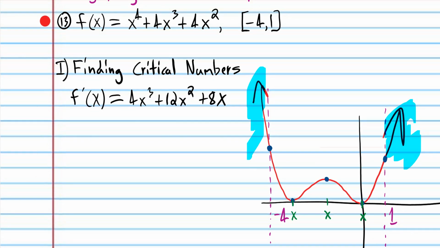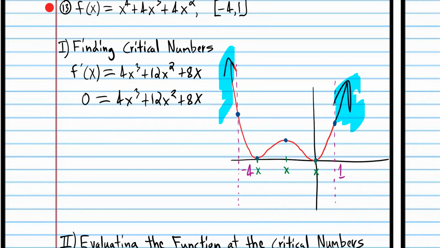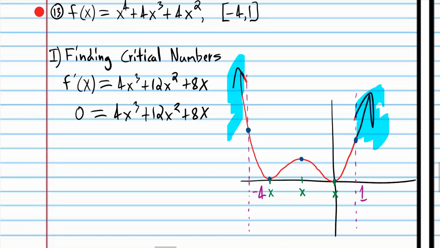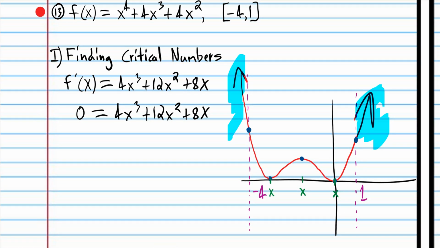So we have the derivative, and by the way, those special x values are called critical numbers, where the derivative is 0 or undefined. Now, the derivative is not going to be undefined for this particular function, but it is going to be equal to 0 at certain x values. So we're looking for the critical numbers, these green x values that make the derivative 0. So we have to solve the equation.